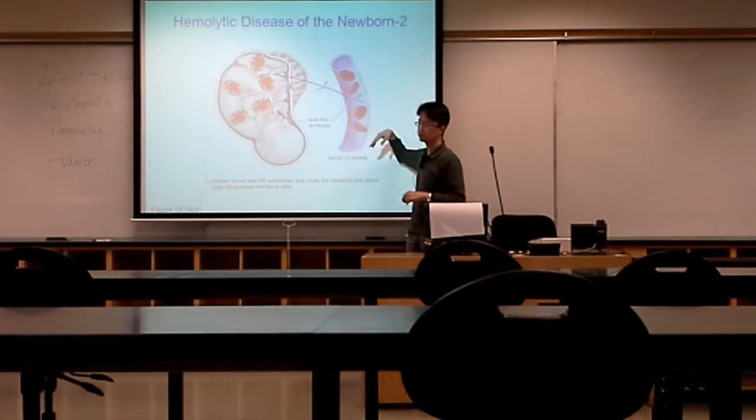And the first pregnancy is fine, because the first time the mother will produce a low level of antibody that may or may not cross the placenta. Even if it crosses the placenta, it won't cause too much damage to the baby because it is low level. But the next time when the mother gets pregnant, we will have a high level of this, and a high level can actually kill the baby.